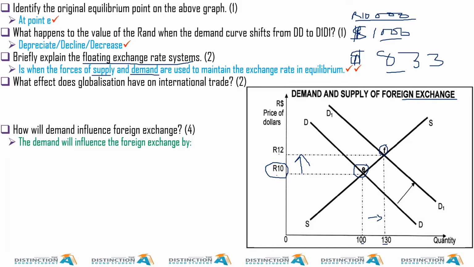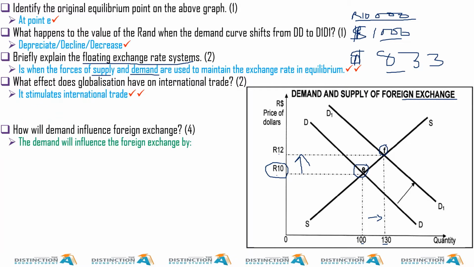Maybe it's fixed to a certain commodity, usually to gold, or it's fixed to another currency. So this one here is a floating exchange rate system, and that is what South Africa is using or claims to be using.